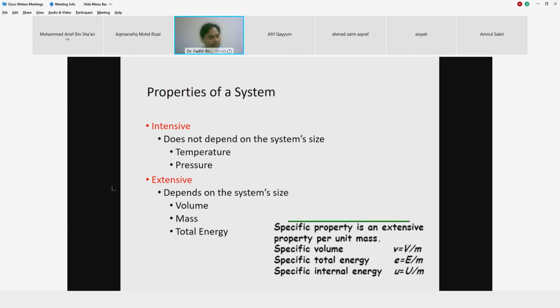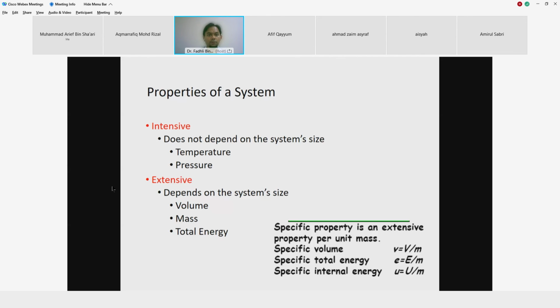Okay, next, properties of a system. For properties of a system, we have a system. You are in your system, your room, in my room.